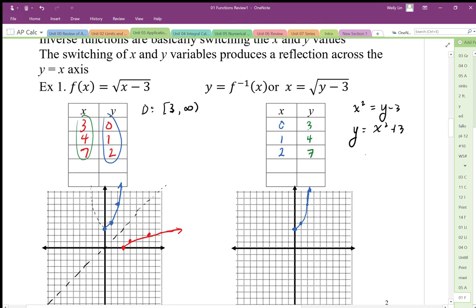So that means that the range of this function is from 3 to infinity.